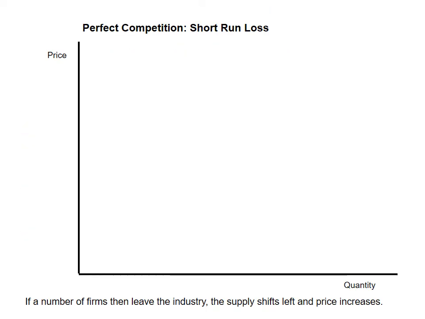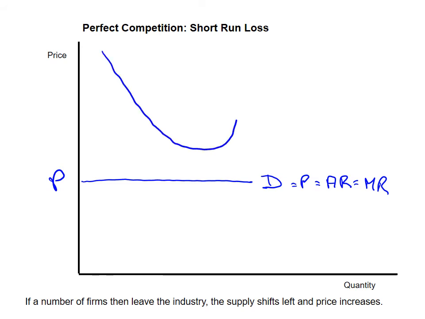So let's look at perfect competition short run loss. We kind of drew a short one there before. But let's start off with, here we've got the demand equals the price equals average revenue equals marginal revenue, and this is at the price. So if we have short run loss, we're not covering our costs, so our costs are going to come up here. So average cost, we're going to swoop marginal cost through the minimum.